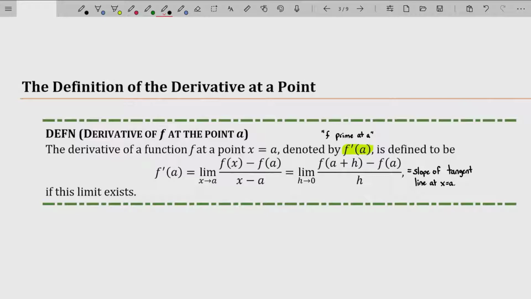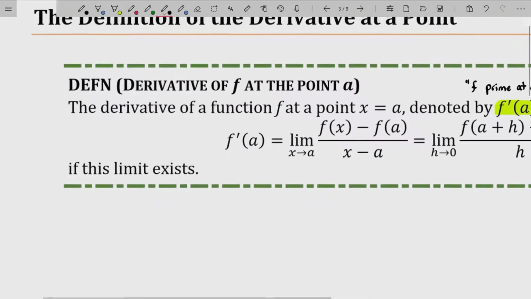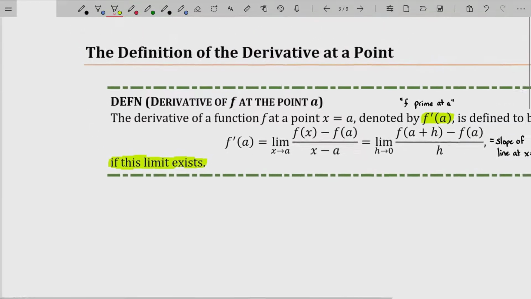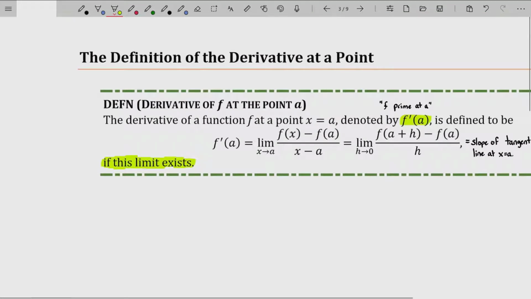Something that is kind of critical to note here is these last four words, if this limit exists. That's the caveat through all of calculus: most of the theorems and definitions that we hold to be true are such only if those limits exist. So if the limit does not exist, then the derivative is not defined at that point.